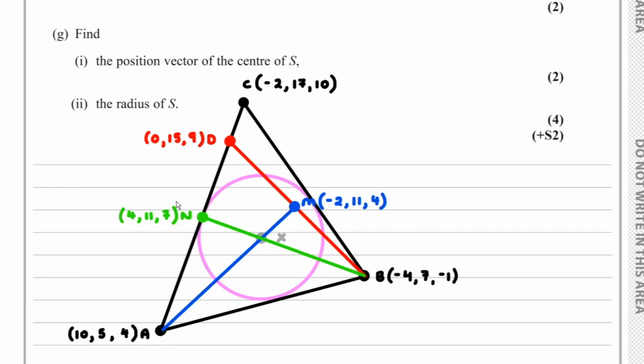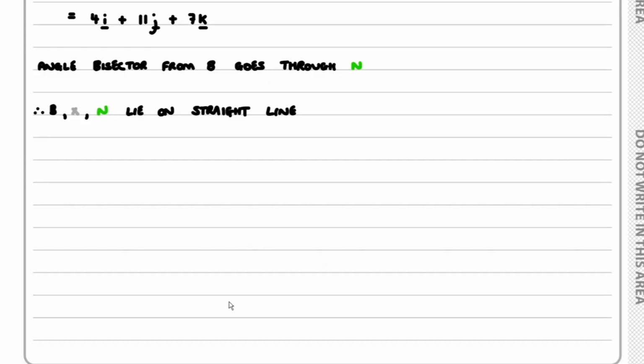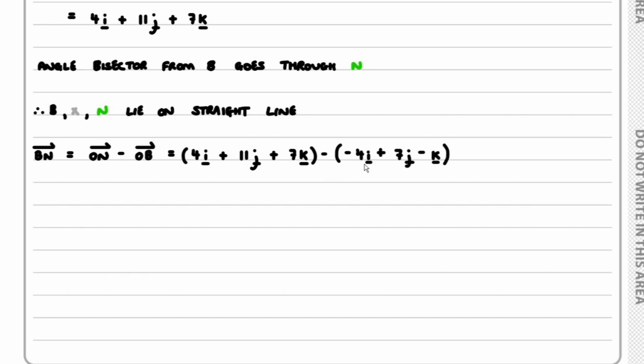So let's find out what BN is, and as before, we can find a vector for OX, but this time in terms of a scalar q. So BN is equal to ON take away OB, so I've got 4i plus 11j plus 7k, take away negative 4i plus 7j subtract k, and that means we get 8i plus 4j plus 8k.